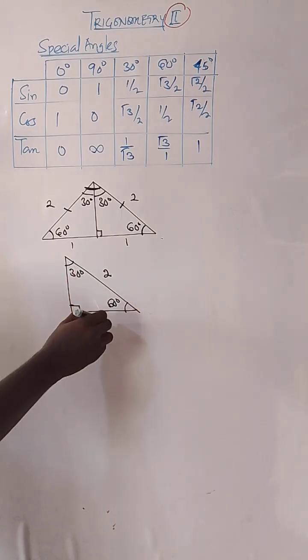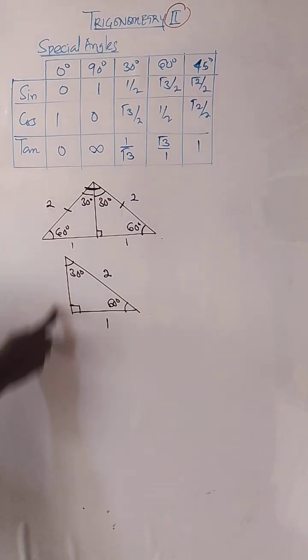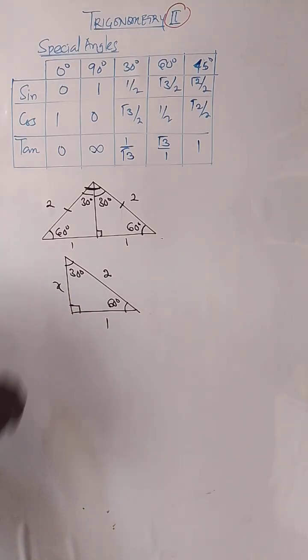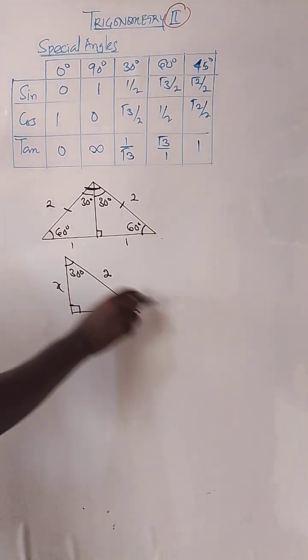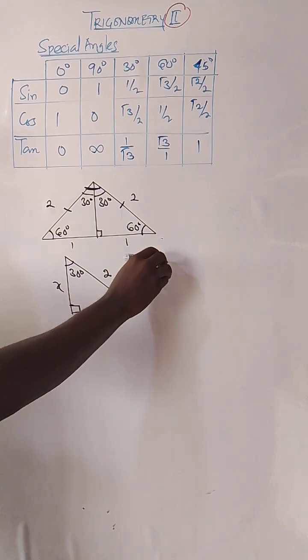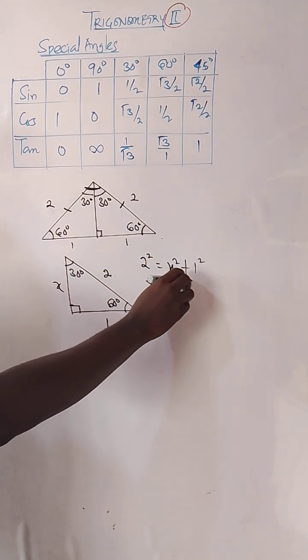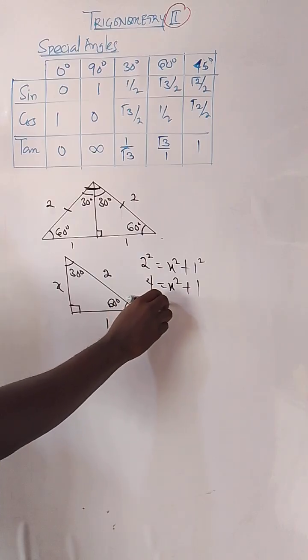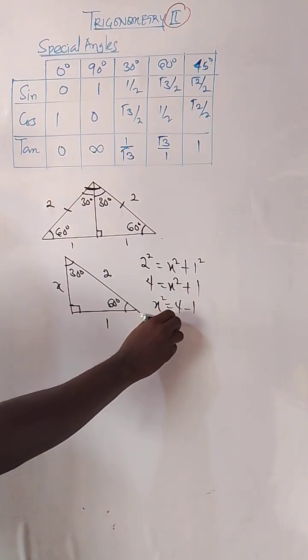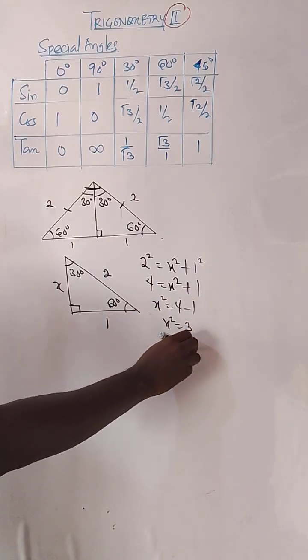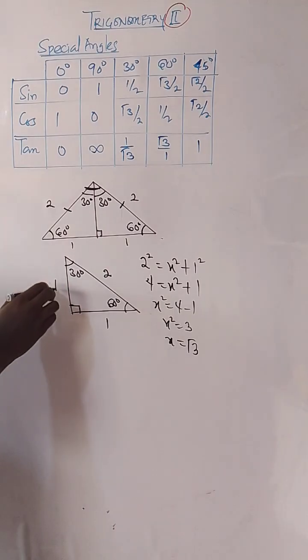This side is 2, this side is 1. This third side is unknown, let's call it x. According to Pythagoras theorem, the square of the hypotenuse, which is 2 in this case, is the sum of the squares of the other two sides. So 4 equals x squared plus 1. From here, x squared is 4 minus 1, x squared is 3, then x equals root 3. So I can replace x with root 3.